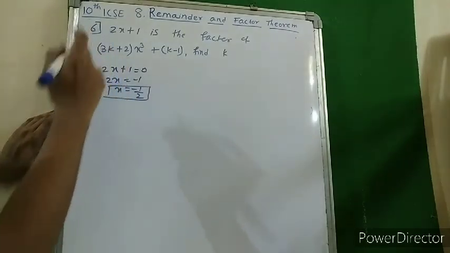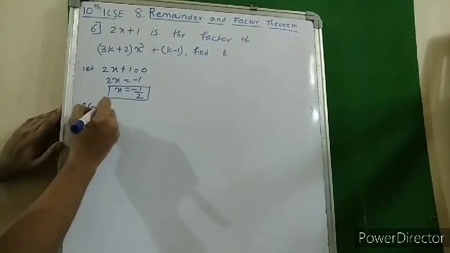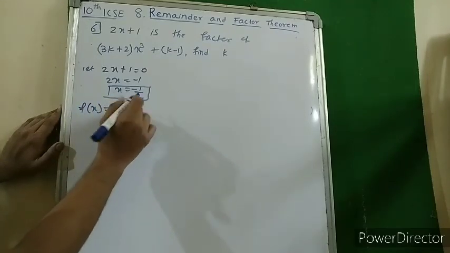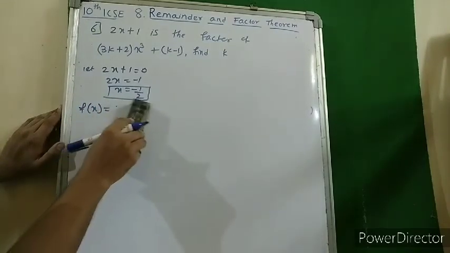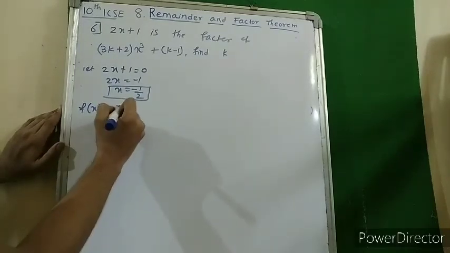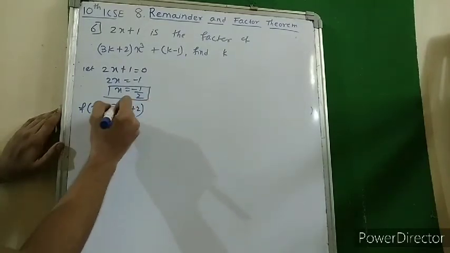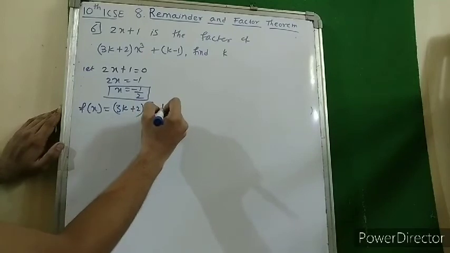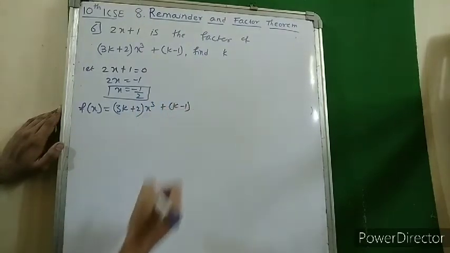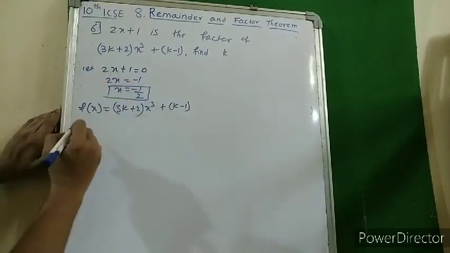Now we have this function, that is function of x is equal to 3k plus 2 x cube plus k minus 1. So in place of x it is minus 1 upon 2.